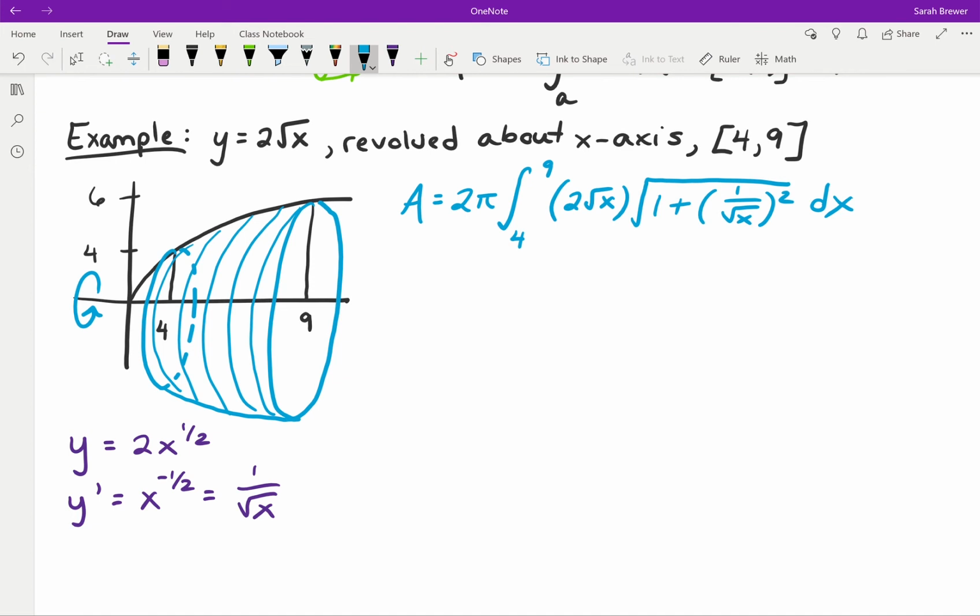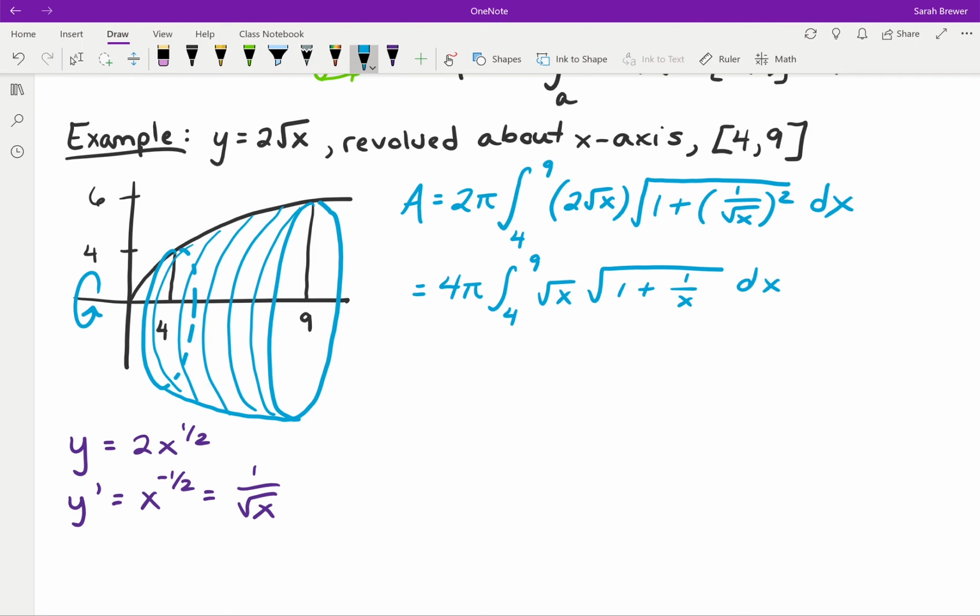So this whole thing is going to work out pretty nicely, I think. So if I go ahead and pull this 2 out, I'm going to write this as 4 pi times the integral from 4 to 9 of the square root of x times the square root of 1 plus 1 over x. Cool. So this thing is looking really, really nice.